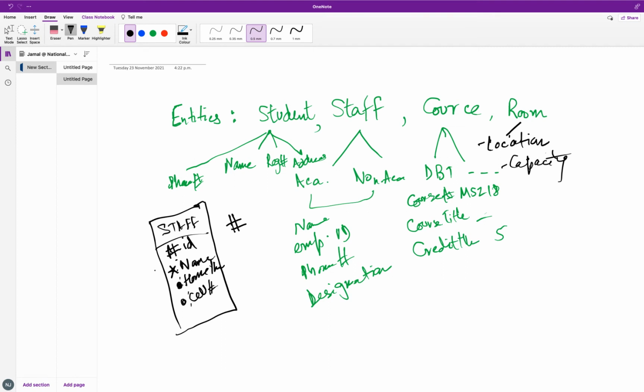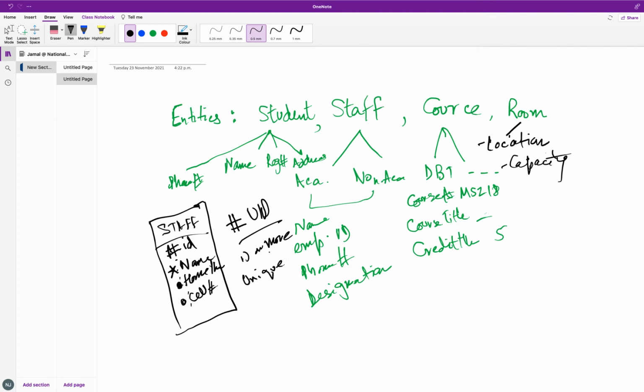And can anyone tell what are the other requirements of UIDs? We also discussed this thing that a UID could be one or more attributes, right? It could be a combination of two attributes, right? So the important thing about a UID is that it must be unique.